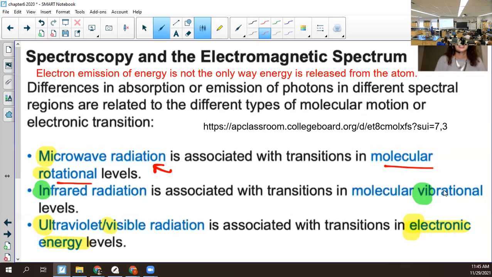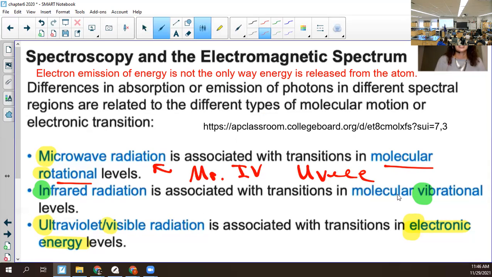Infrared, molecular vibration, and ultraviolet visible is from electronic energy levels. Now, I have these highlighted, so I don't know if this will help you, but if you have Mr. IV, and I don't know, UV, just go with me here. Mr. IV. If you can memorize 2, you don't need to know the 3rd because it's the other one.